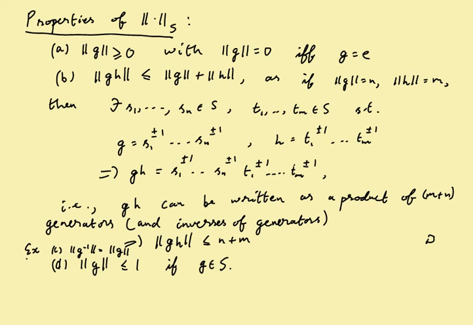So I'll call this an exercise. You should do this exercise to get used to what the norm is. If I invert it, well, then I have the same norm. And so (a), (b), (c) are the main norm properties, but we have an additional property, norm g is less than or equal to 1 if g is in S.